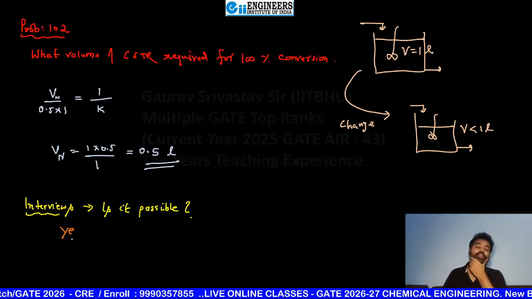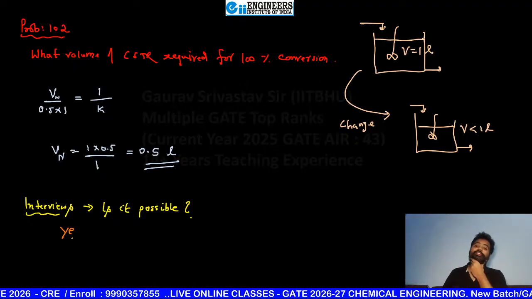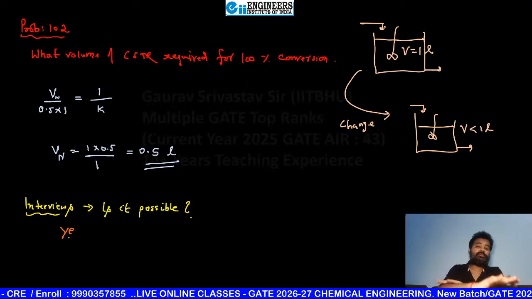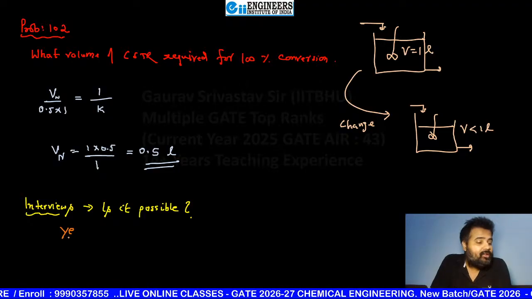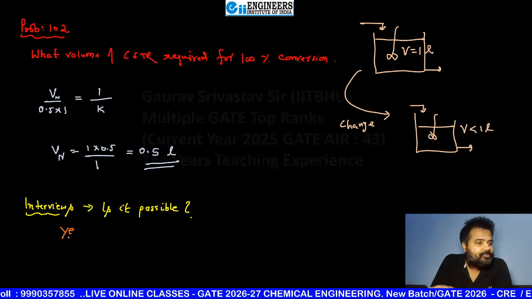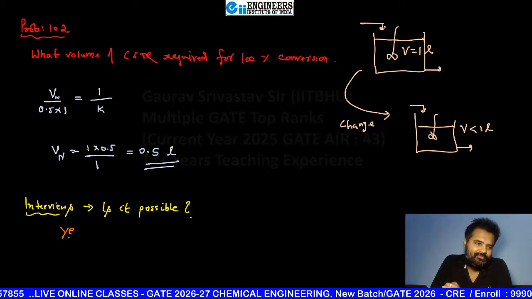But I asked you, when we are taking a 0.5 liter CSTR, then is it possible in industry, even if it is an ideal one? So is it a possible case that we can deal with? I think no, sir, because the volume should be more compared to 100% conversion.